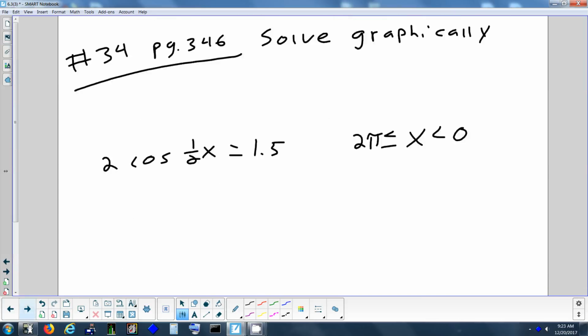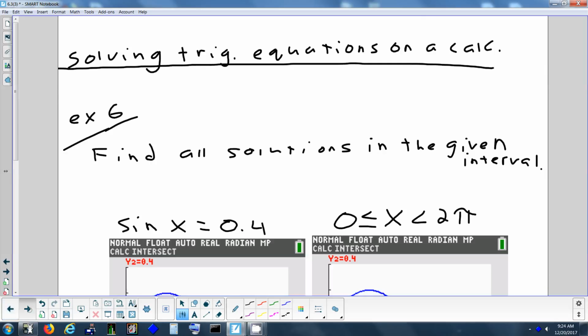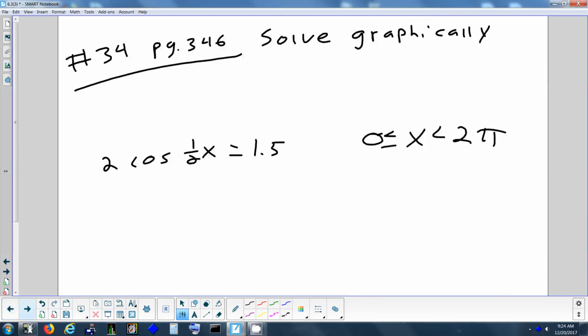Okay, let's try this one, except it's written backwards with the interval. Now, I did the same thing on this interval that I did on the last one. I put 0 is less than or equal to x, but then less than 2 pi. How come I didn't put the equal to on the 2 pi?